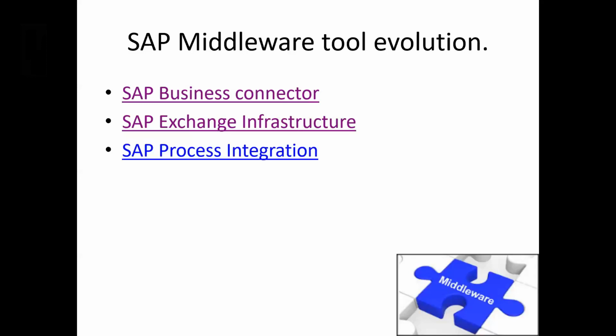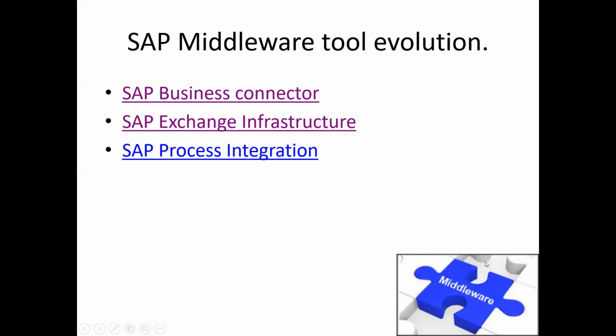No, the thing with dual stack is you have to use both. So you have the ABAP stack as well as the Java stack, and about 10 minutes from now I will be showing you the architecture of the ABAP stack as well as the Java stack.